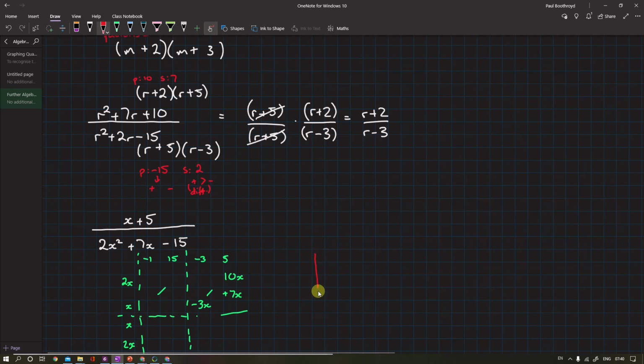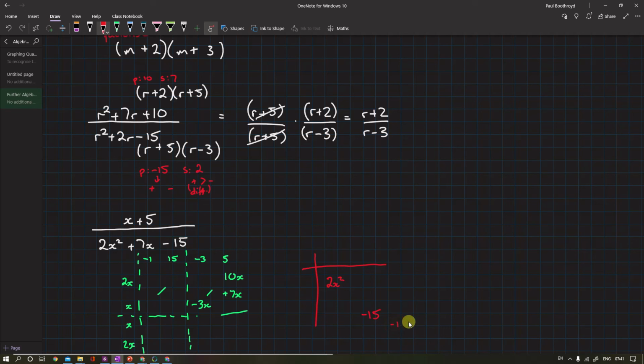There's a technique that people claim is a technique, I am not convinced, where they say we want things to give us 2x squared in the top and minus 15 in the bottom, and then you can try, alright, let's think about the numbers.